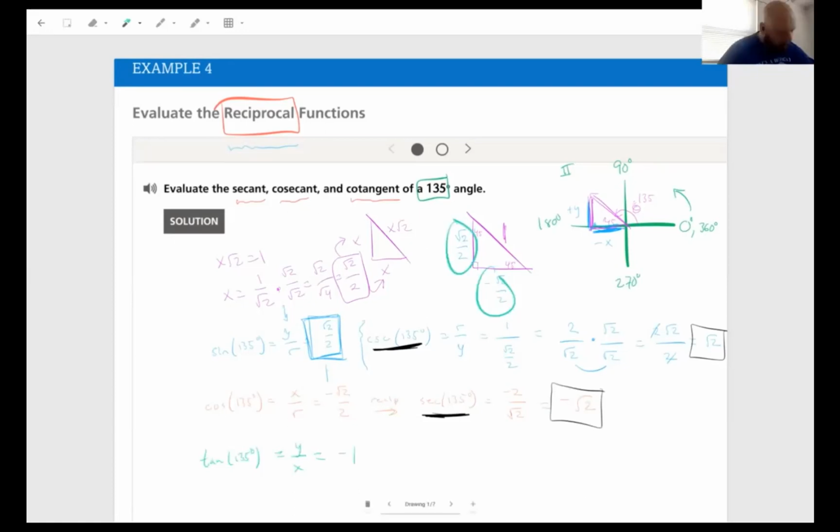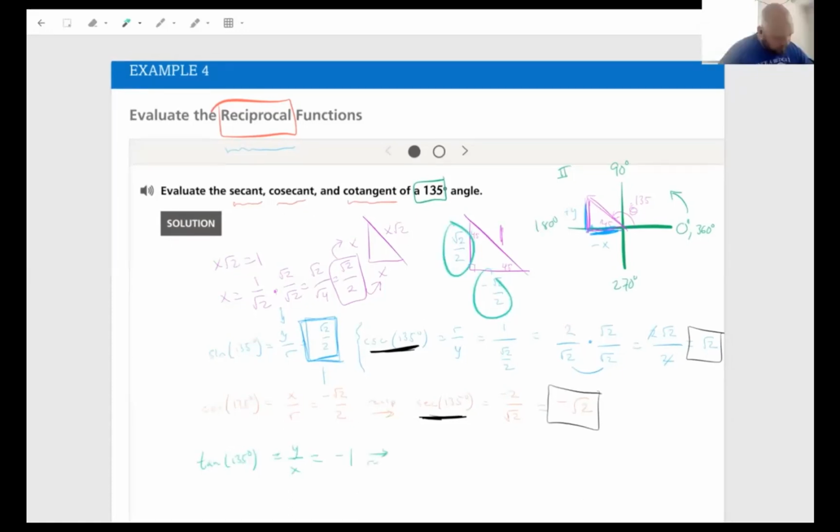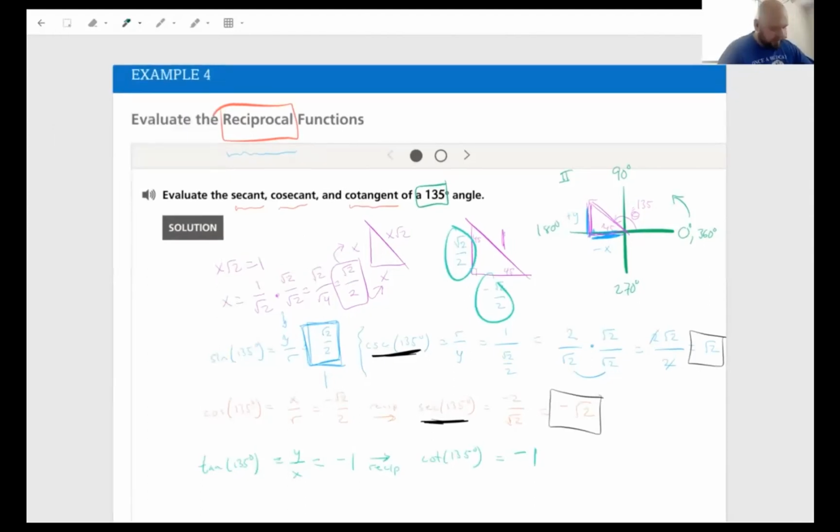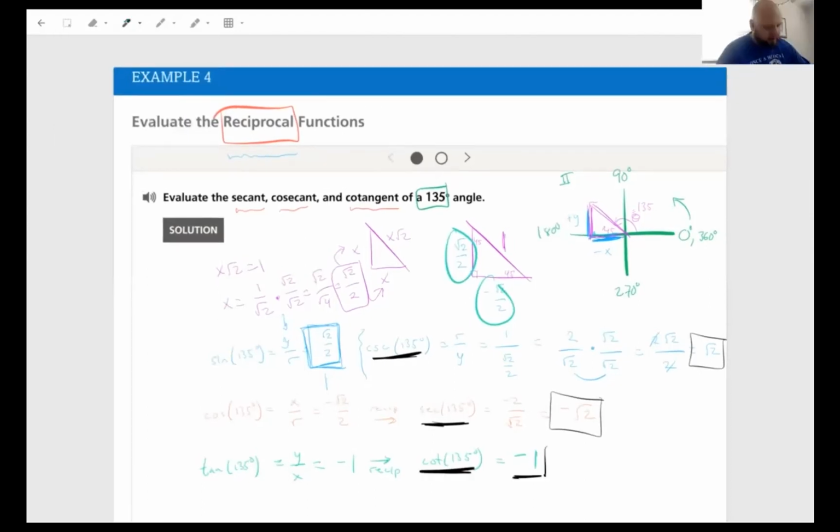If I take the reciprocal of negative 1 to get the cotangent of 135 degrees, the sign doesn't change, so our answer is still negative 1. So cotangent 135 is negative 1.